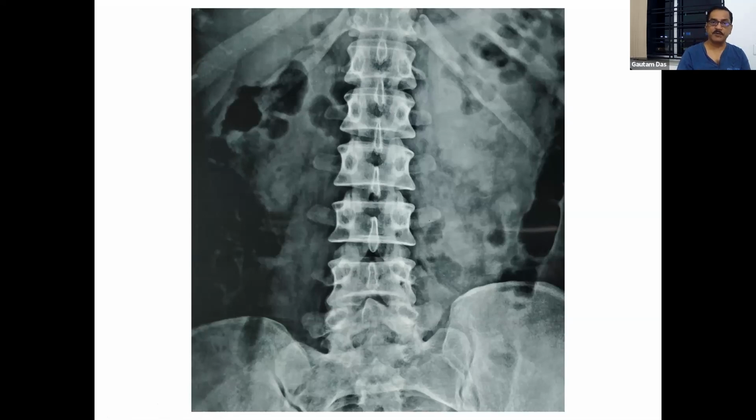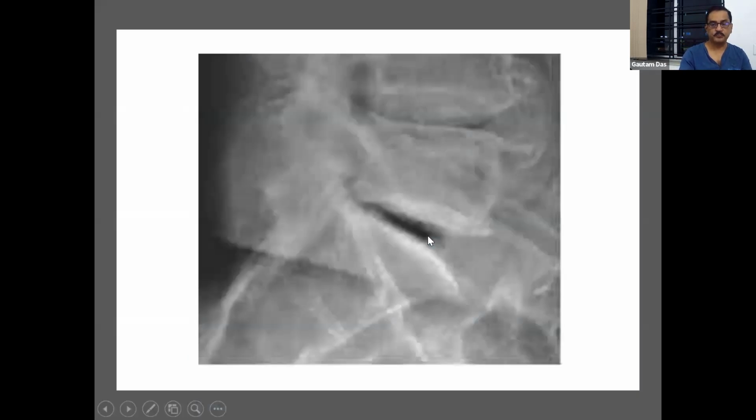Many times L5 looks like S1, that is called sacralization, and when S1 looks like L5, that is called lumbarization. Many times it is difficult to comment on lumbarization or sacralization unless you count from above, from C1. But if you join these two lines, it will go through the L4-5 interspace, so most likely this is your T12, but we have to look for that also.